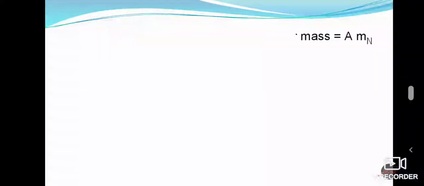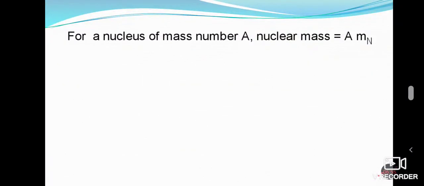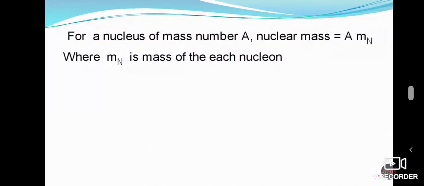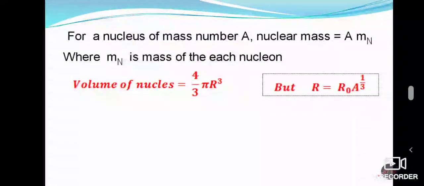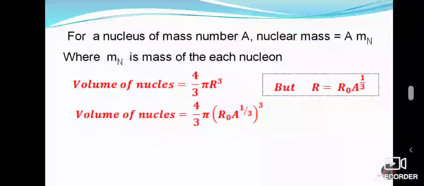Now for a nucleus with mass number A, the nuclear mass is equal to A times Mn, where Mn is the mass of each nucleon. The volume of the nucleus, already we know, is 4 by 3 pi r cube, but r is equal to r naught into A raised to 1 by 3.